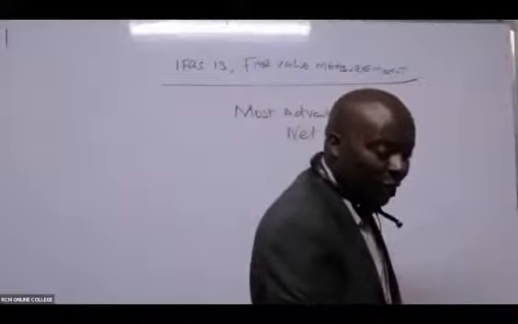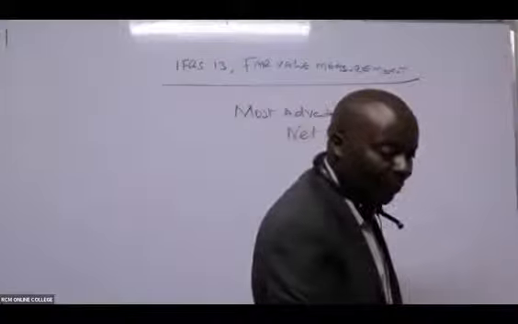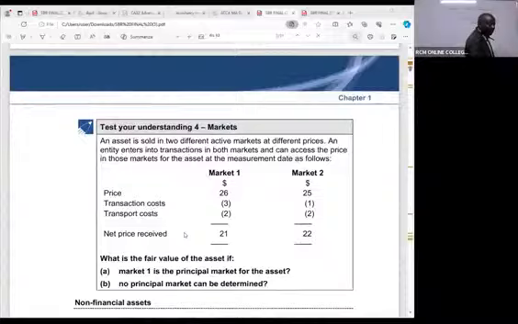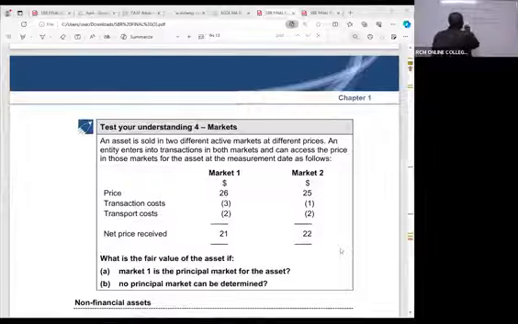In our case here, if you look at the net selling price, 21, 22, then market 2 is the most advantageous market because 22 is higher.